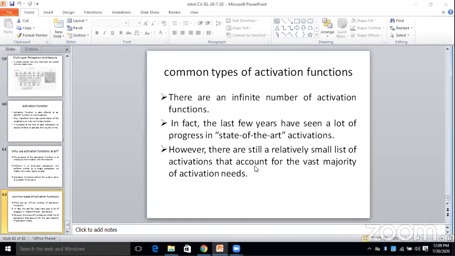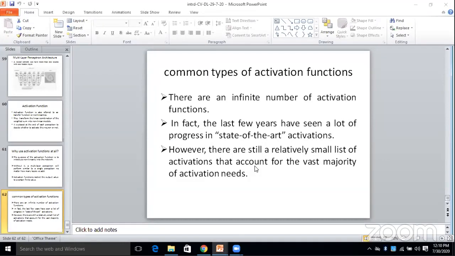Okay, sir, my question is, you talked about artificial neural networks and deep learning. What is the interlink between these two, sir? ANN and DL, sir. See, both are the same.